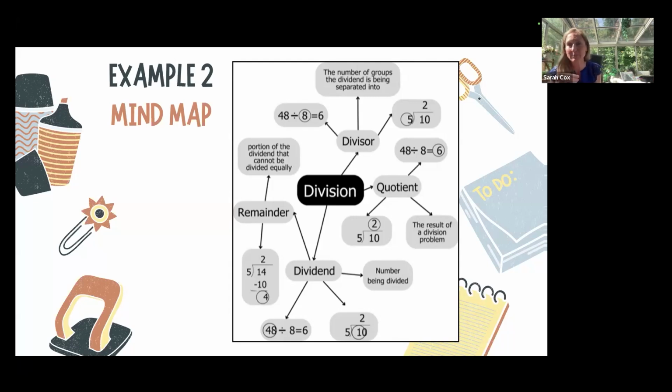And then, of course, this became a tool that he could refer back to, both as we were working together and as a tool for himself. So when he would go into class and his teacher was saying something about the divisor, if he needed that visual cue of what is my divisor, he could go back to this visual mind map to remind himself which one of these numbers is going to be that thing.